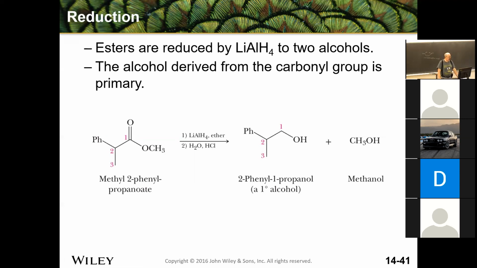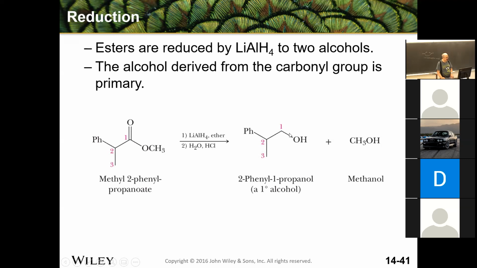Esters are reduced by lithium aluminum hydride to 2 alcohols, and at least one of them is always a primary alcohol. The alcohol derived from the carbonyl group is always primary. The other alcohol will depend on what this R group is. So it's going to split it.